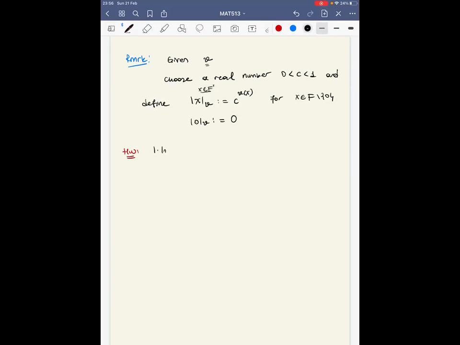And one of your homework will be to show that this is an absolute value on F. So that means this is a map from F to the reals that satisfies these three properties, like the absolute value in real numbers.